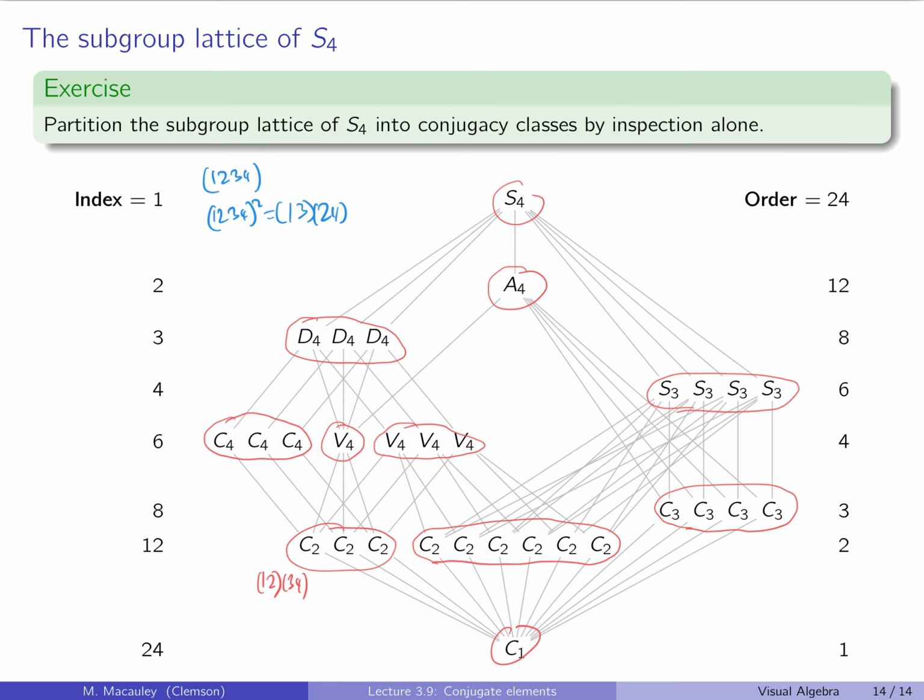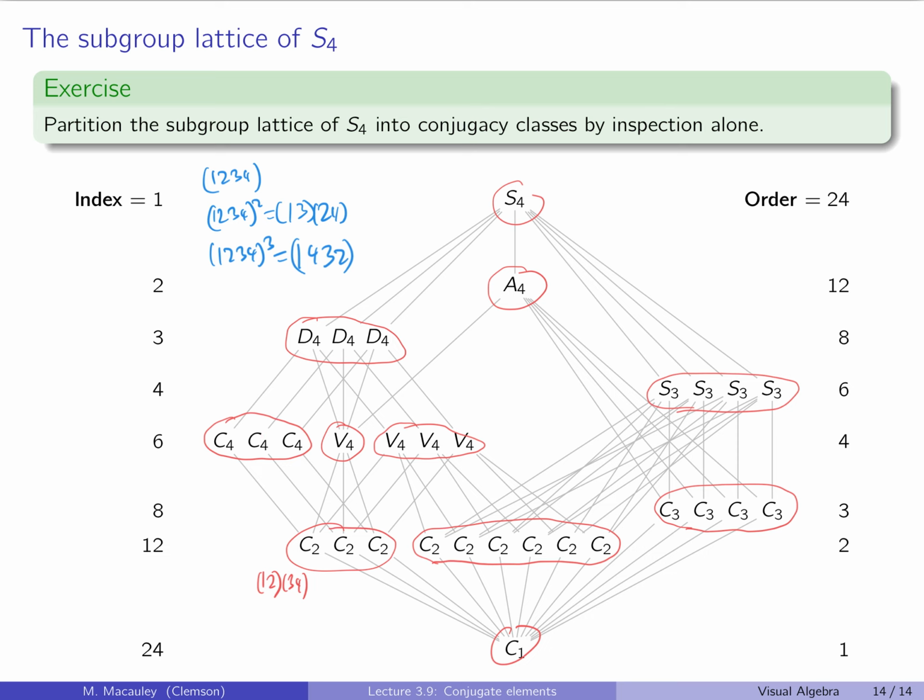And then this thing cubed, (1 2 3 4) cubed, is its inverse, (1 4 3 2). So each of these C4s has 2 4 cycles, and we know that all the 4 cycles are conjugate. So that means that I can conjugate a generator in here to not only its inverse, but also to all the other generators in here and their inverses as well.